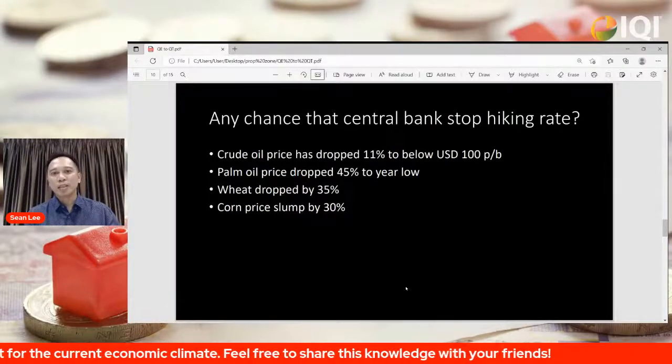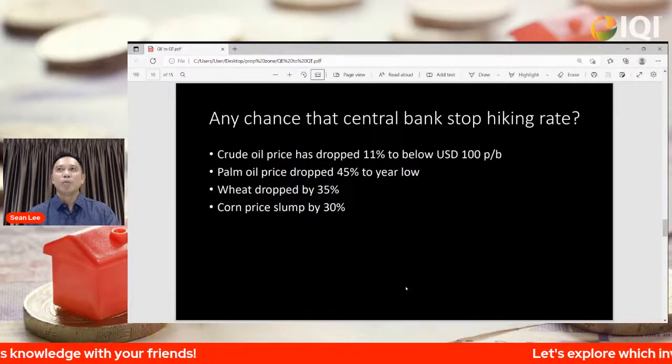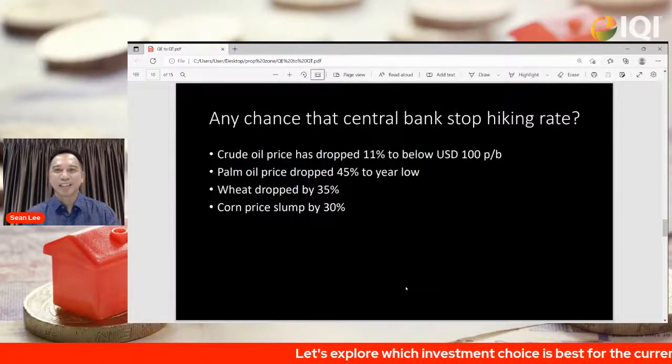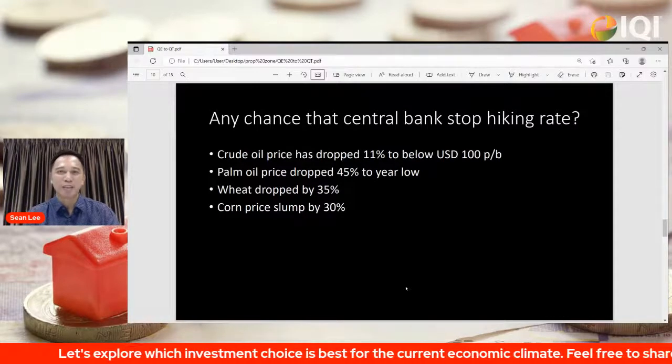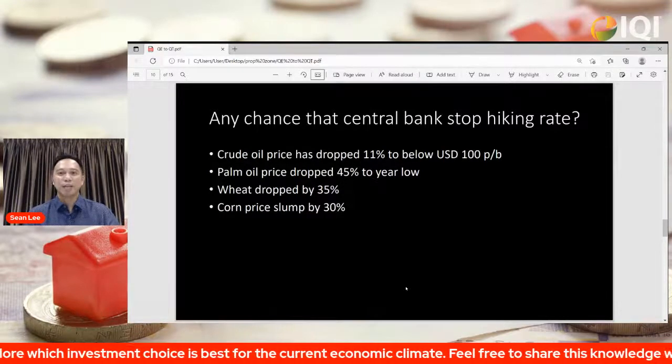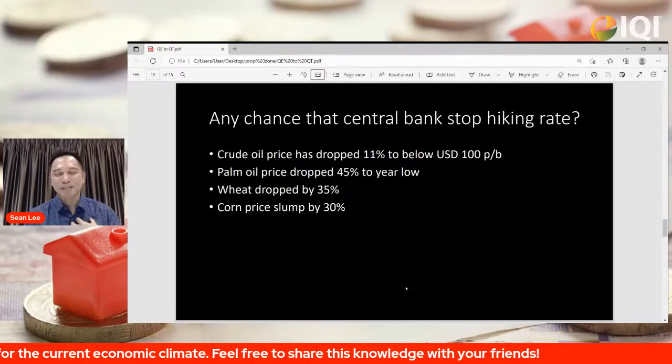So is there any chance that central banks will stop hiking the rate in an aggressive way? Is there any light at the end of the tunnel? Can they stop doing it? Because if you're a home buyer with savings or an installment just like me, every time they talk about increasing the rate, your heartbeat kind of pumps a bit, right?